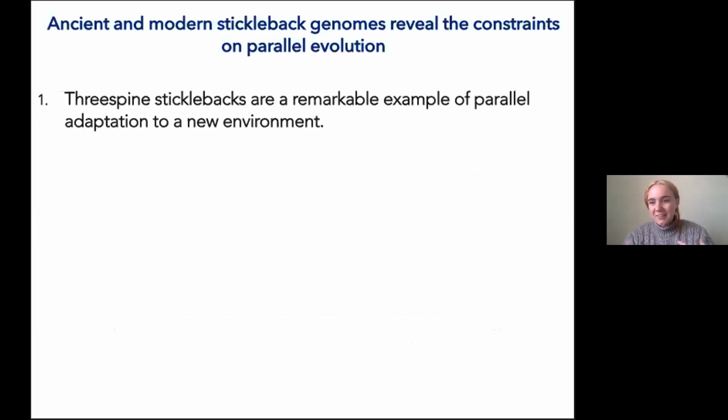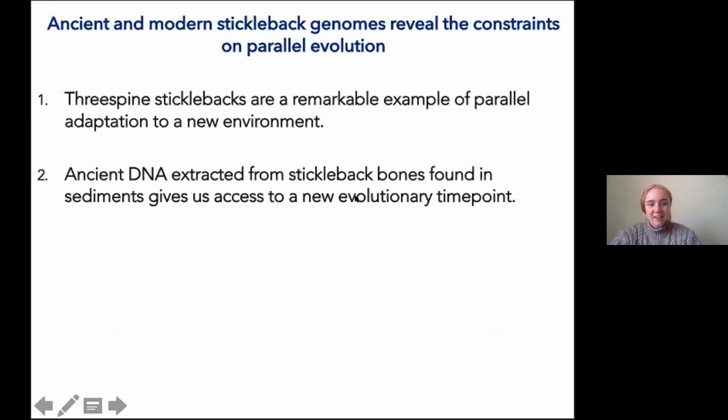And the take-home message of this talk for you is that three-spine sticklebacks are a remarkable example of parallel adaptation to a new environment. They are a powerful organism to study adaptation. Then, we have established this new approach to use ancient DNA extracted from stickleback bones found in sediments to give us access to a new evolutionary time point.